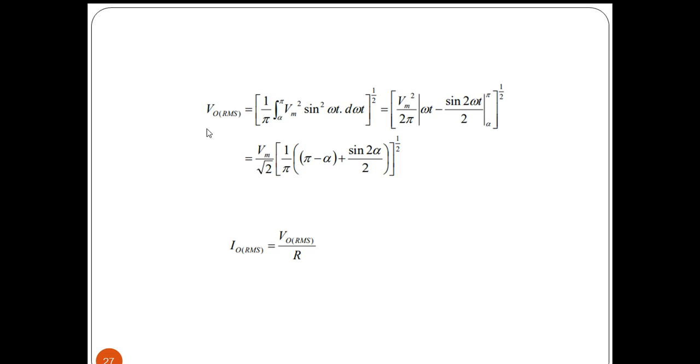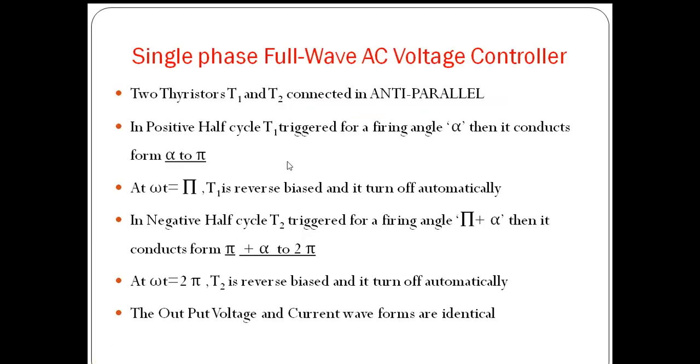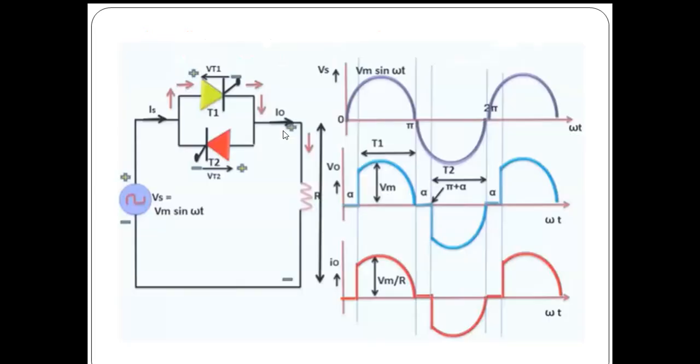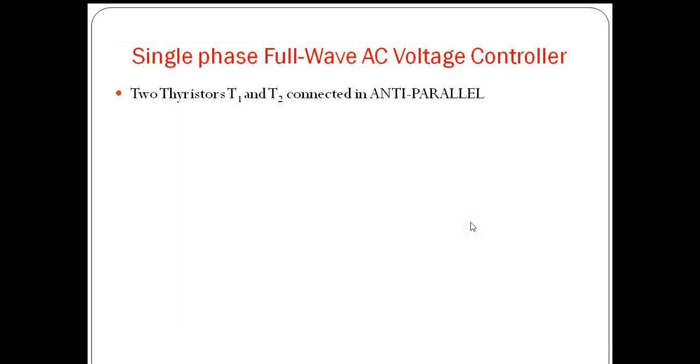If we apply the limits, V naught rms equals Vm by root 2 times 1 by pi of pi minus alpha plus sin 2 alpha by 2, whole power 1 by 2, and I naught r will be given as V naught r by R. If we observe the output waveform closely, the positive half cycle and negative half cycle are both symmetrical, so the average value of output voltage V naught will be 0.